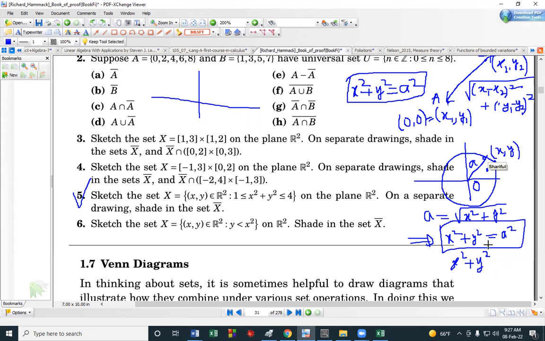On this circle, x squared plus y squared equals A squared. Within this circle, x squared plus y squared would be greater or less than A squared? In other words, if x squared plus y squared equals A squared on the circle, what happens inside the circle?